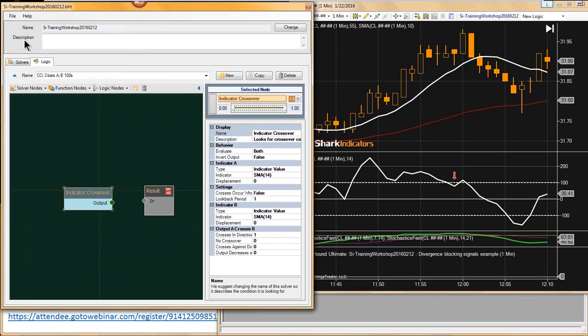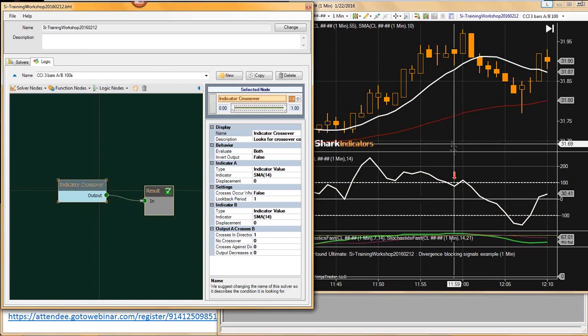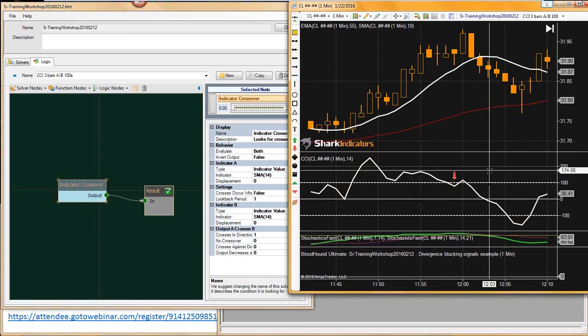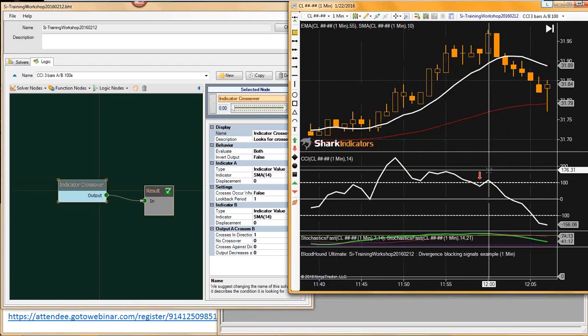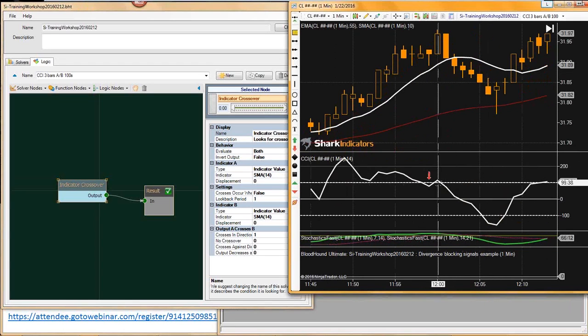Let me just save this again just in case. Alright, this is actually going to require 2 different crossover solvers. The reason is because we have a 100 value, so we're going to need one crossover solver for the 100 value and a separate crossover solver for the negative 100 value.